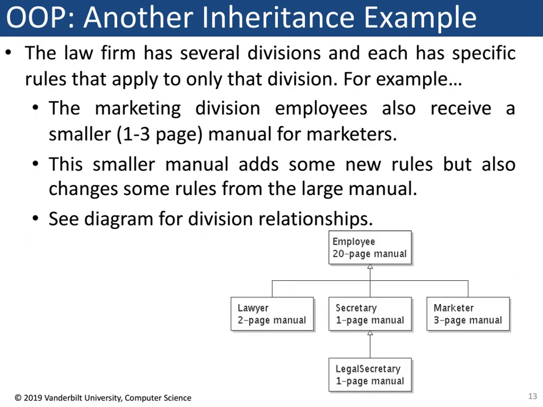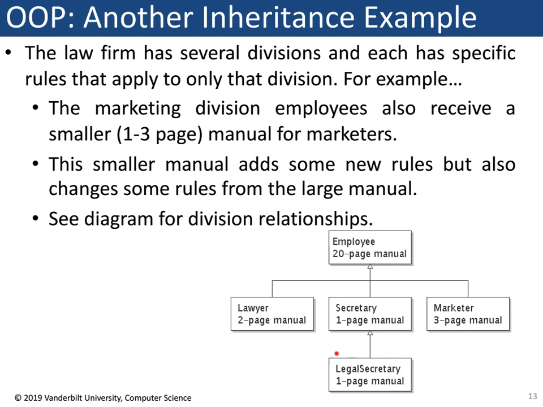But within the law firm, there are specific divisions, and in these divisions, the rules may be different. So every employee has a 20-page manual. However, a lawyer will have an additional 2-page manual, whereas the secretary will have an additional 1-page manual, and the marketer will have a 3-page manual.